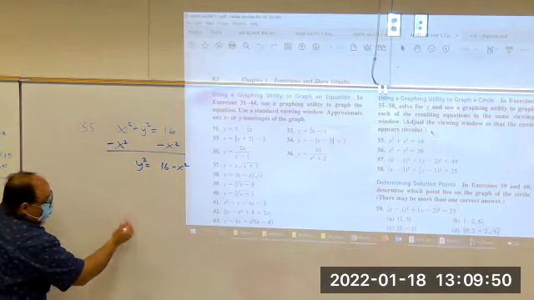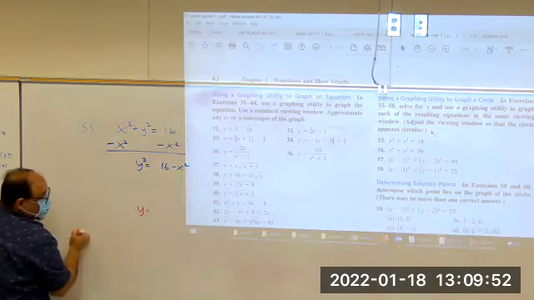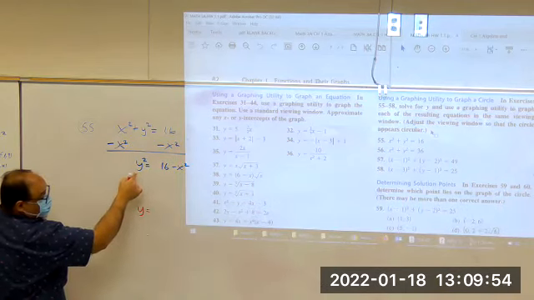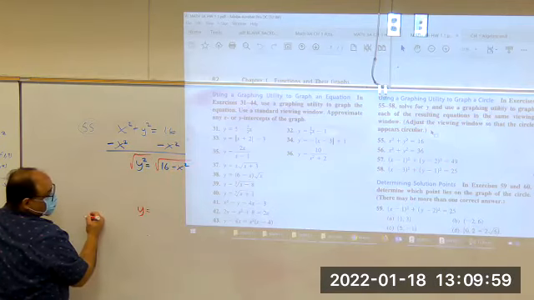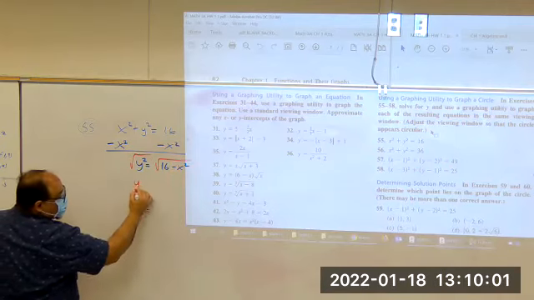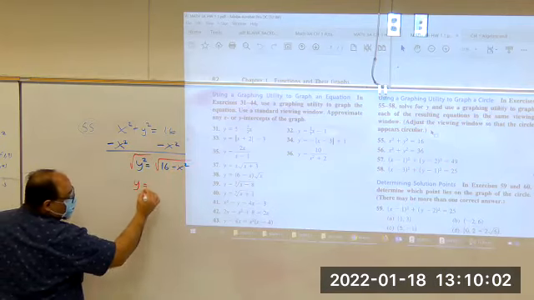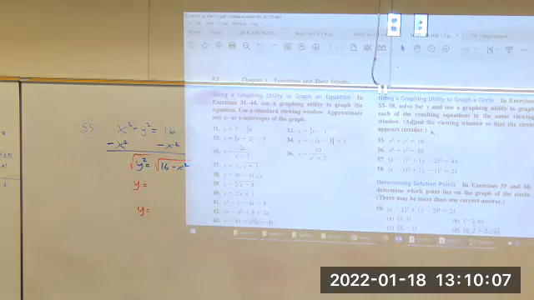Solve for just y. To solve for just y, you take the square root of both sides. When you take the square root and we are solving, not simplifying, solving, it's plus or minus. Whenever you're solving, it's a plus minus.